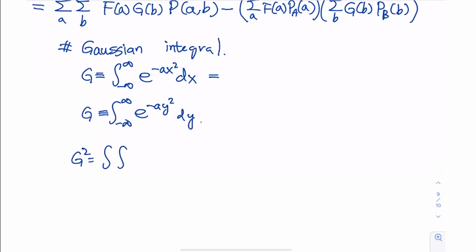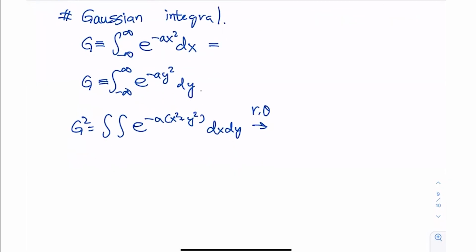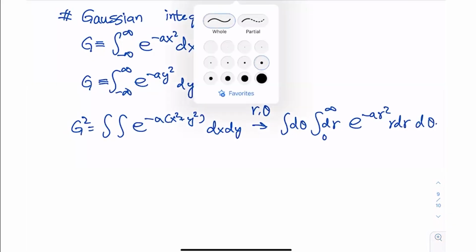After a change of variable from xy to polar coordinates r and theta, this thing will be related to... wait, the theta is gone.